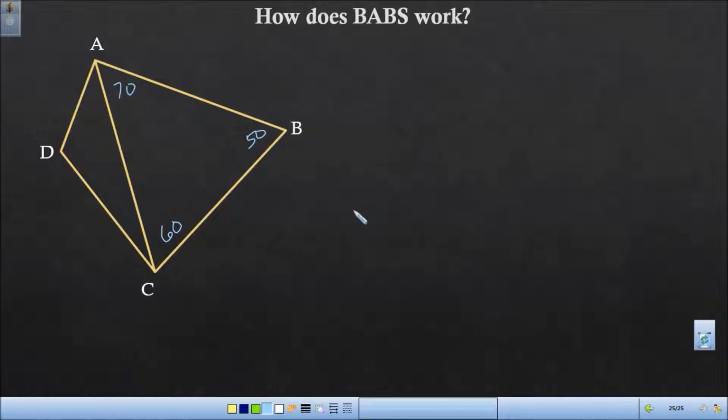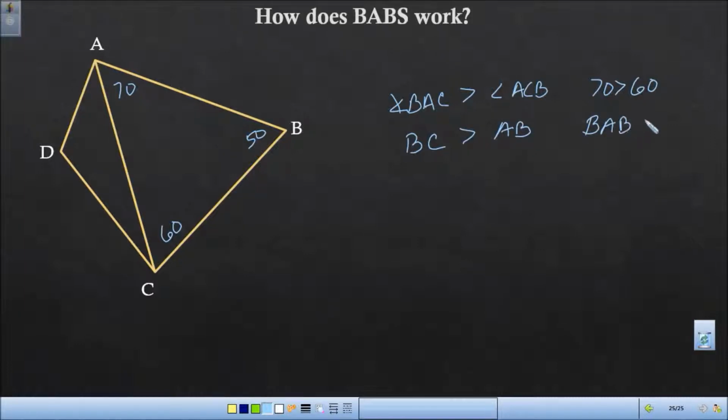Okay, so we look inside of our triangle and we say, all right, since angle BAC is greater than angle ACB, because 70 is greater than 60, we can say that BC, which is opposite A, is greater than AB, which is opposite C, by the big angle, big side theorem.